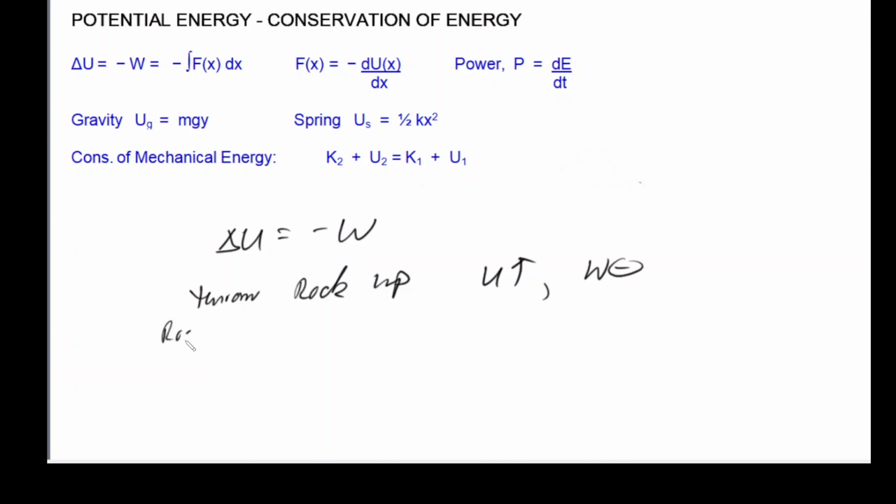If the rock falls back down, the potential energy decreases because the height is decreasing, and the work is positive because gravity is working in the same direction as the motion.